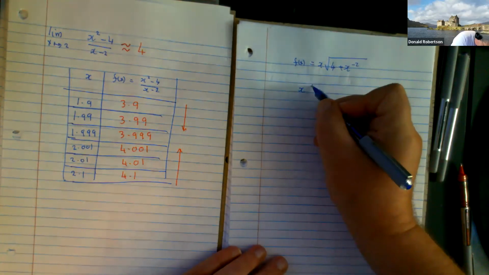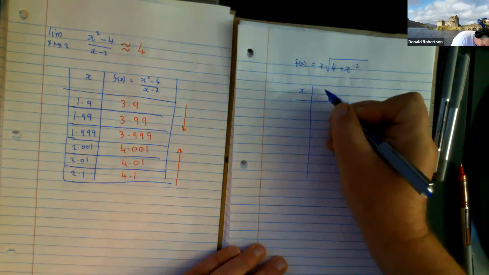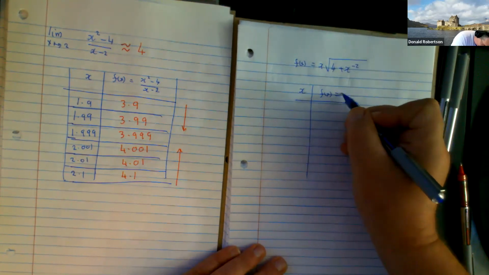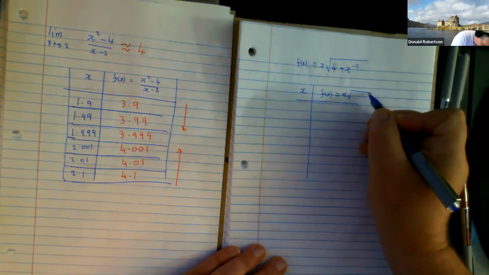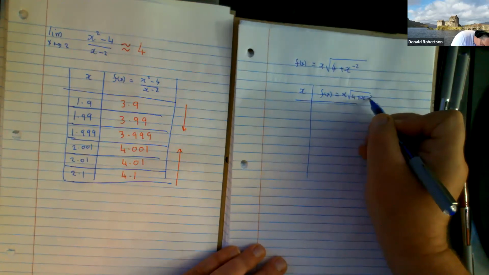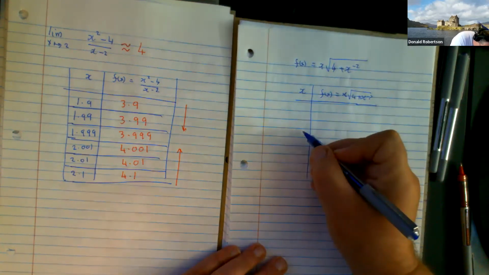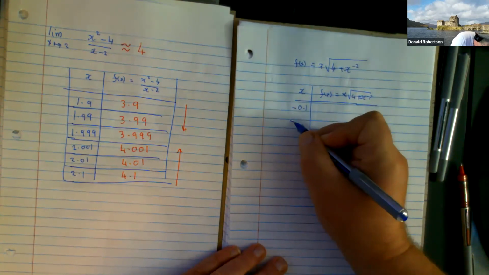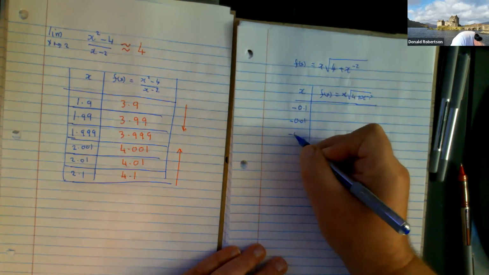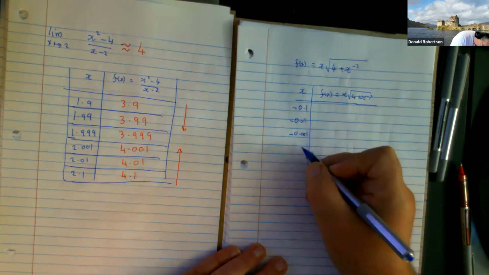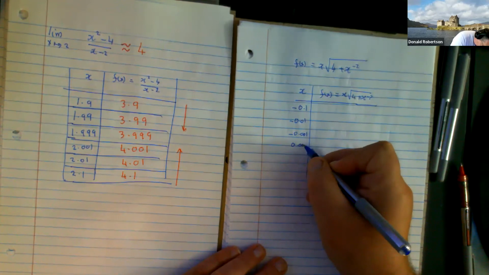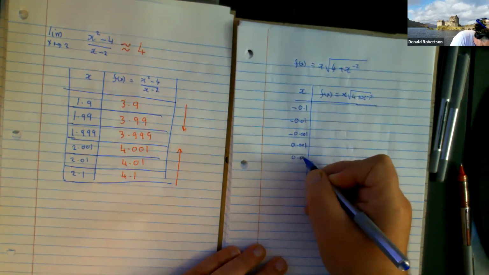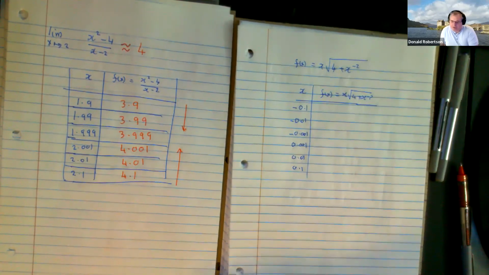So if I was doing a table of values for that one, since I'm interested in 0, I would be picking numbers like -0.1, -0.01, -0.001, and then start off kind of the other direction, going that way. Would that be a reasonable selection of x's, converging in the center to 0?